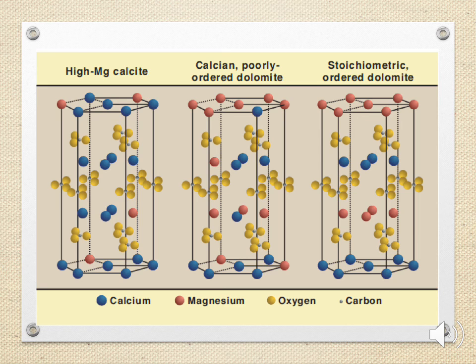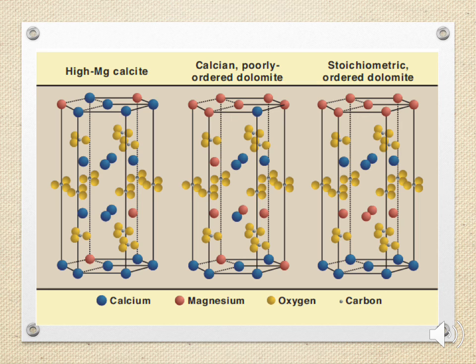Then we have our oxygen, which is the yellow ball, and then a tiny carbon. The carbonate species is surrounded by three oxygens. The carbon and the three oxygens make up the carbonate, and this is common to all of the different species. What's different in each of them is the arrangement and the abundance of the magnesium.